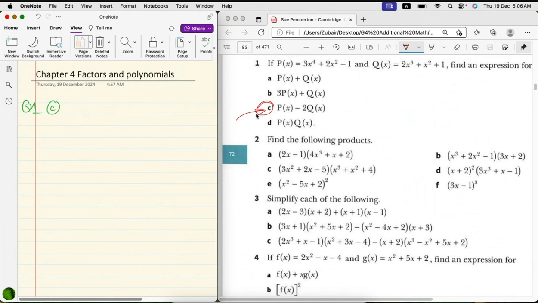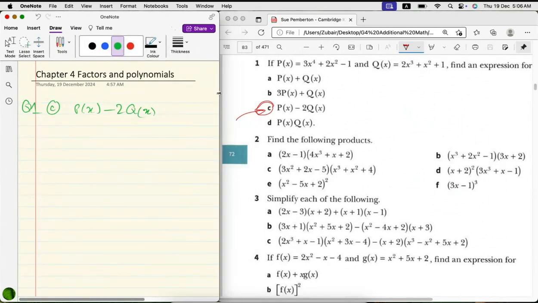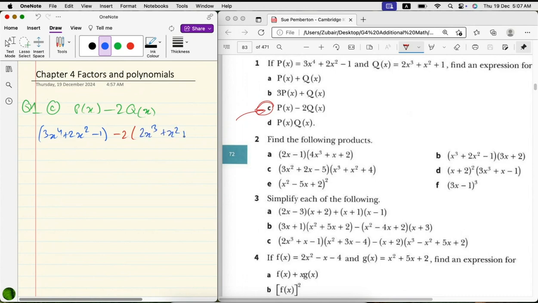1c. P of x minus 2 times q of x. So p of x is 3x^4 plus 2x squared minus 1, minus 2 times q of x, which is 2x cubed plus x squared plus 1.